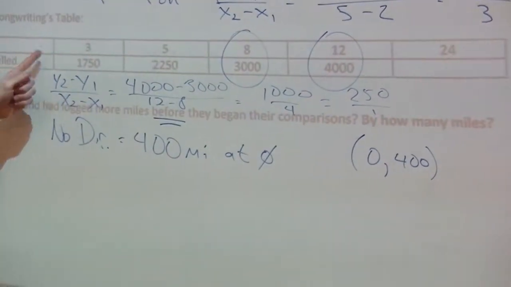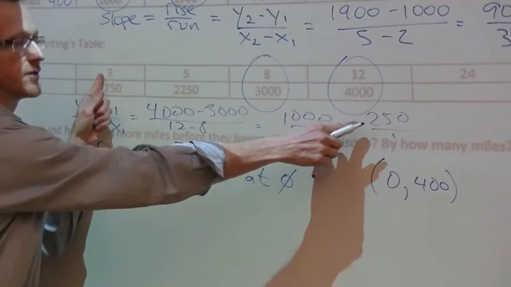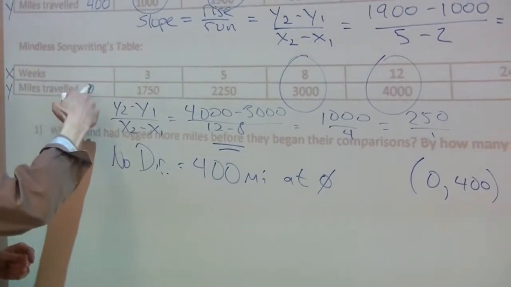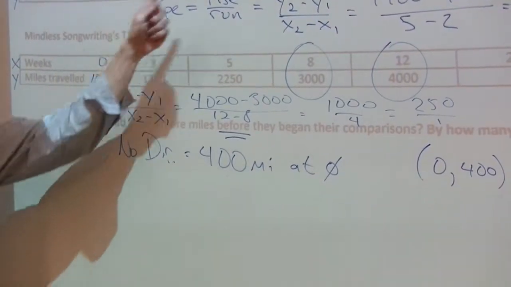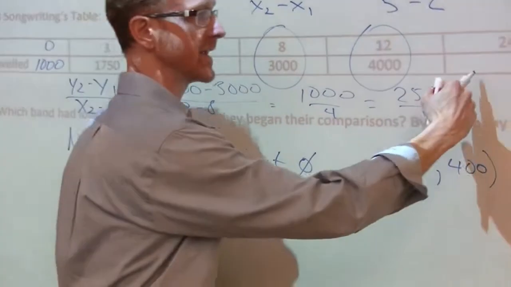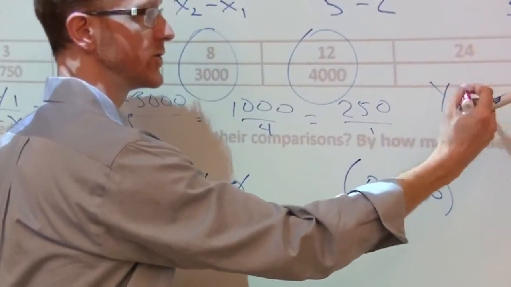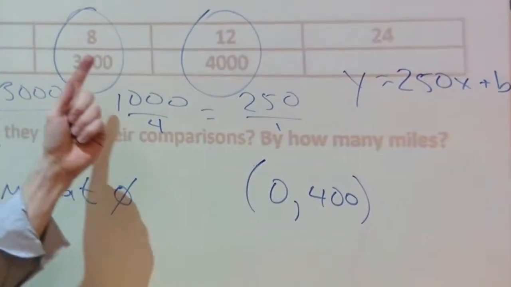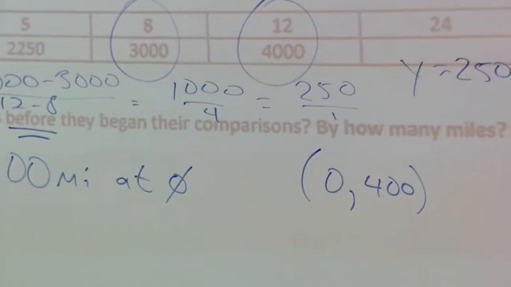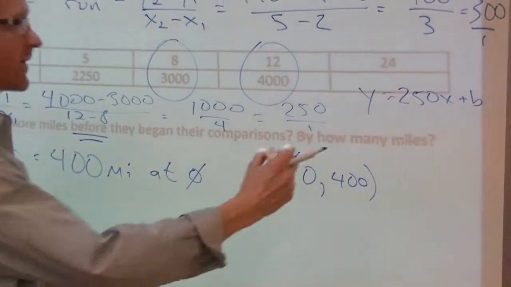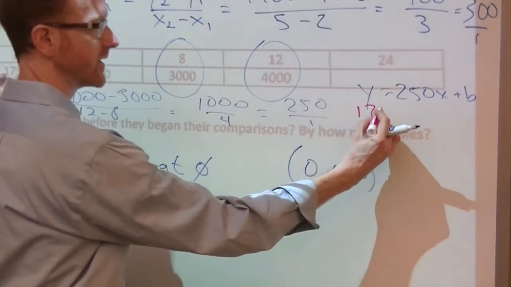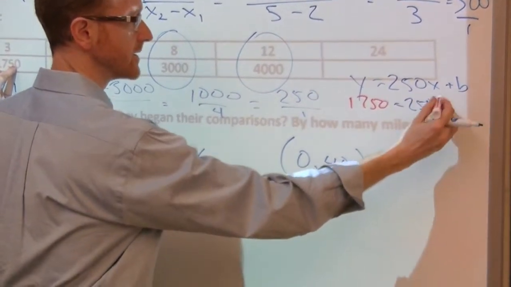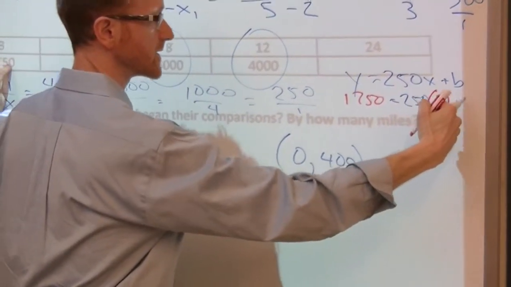So their rate of change is 250. And I can either multiply 3 times 250, which I'll get 750, and subtract it from here, and I should get 1,000, or do the exact same thing I did up here, and take y equals 250x plus b and substitute one of these points in and see if I get the same thing. So let's take this one. 1,750 equals 250 times 3 plus b.